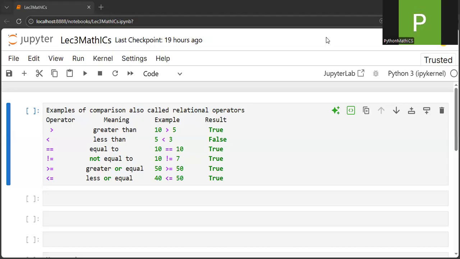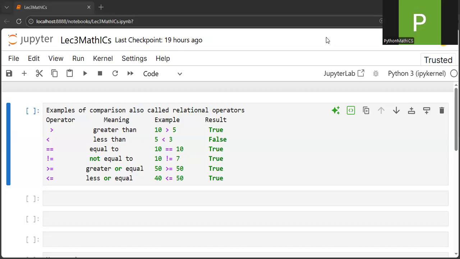In that case, we say true, and if the two values are not equal, then we say it is false. I mean, in the comparison of two numbers. So today we'll learn how to write these comparisons in Python and see how Python gives the answer in the form of true or false.